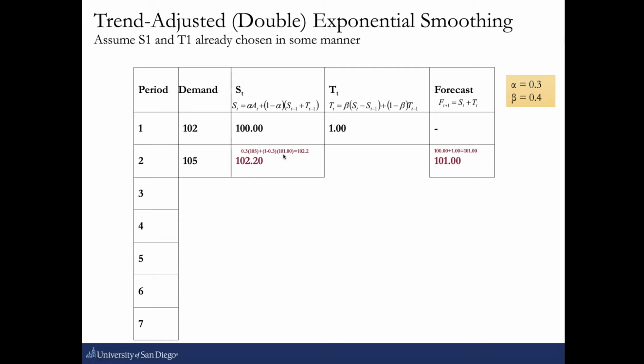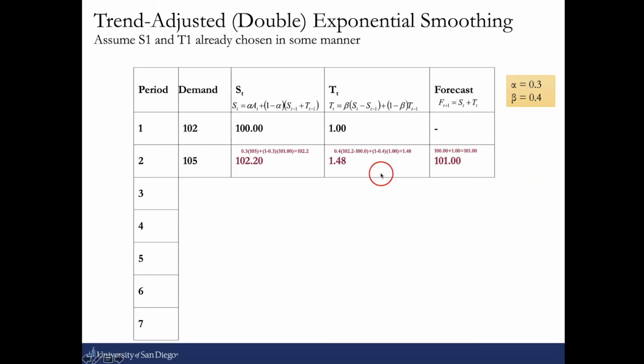And I get 102.20. Just to be sure, this 101 comes from S sub t in the previous period and T sub t in the previous period, right?